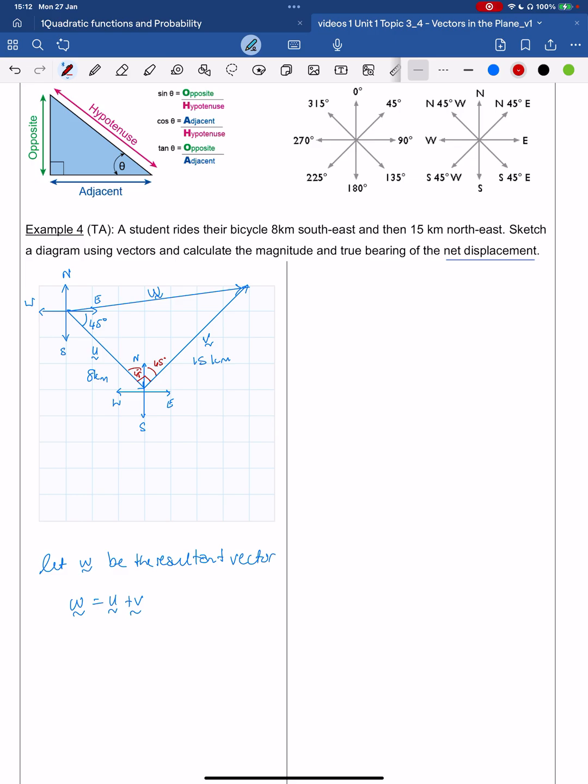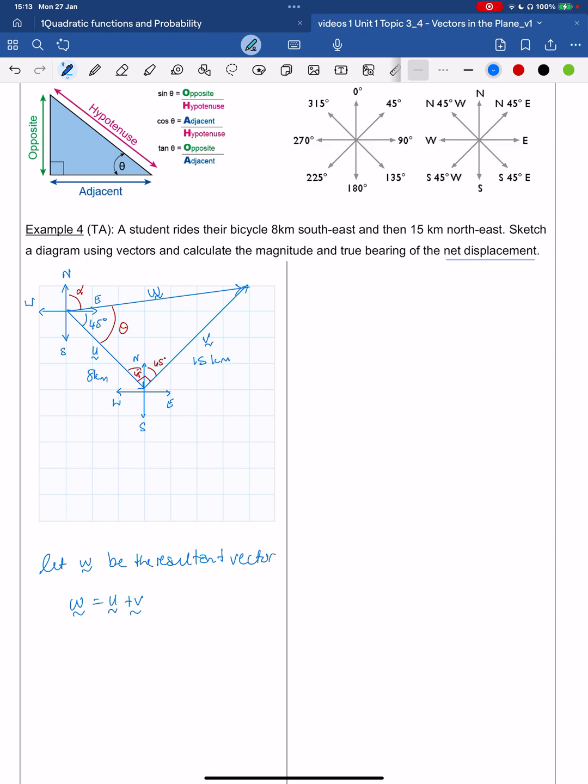Now, in order to find the true bearing of our resultant vector, that bearing is going to be that angle there. That means I need to be able to find this whole angle over here so that I can subtract it from what I know the total angle is to find that angle alpha.